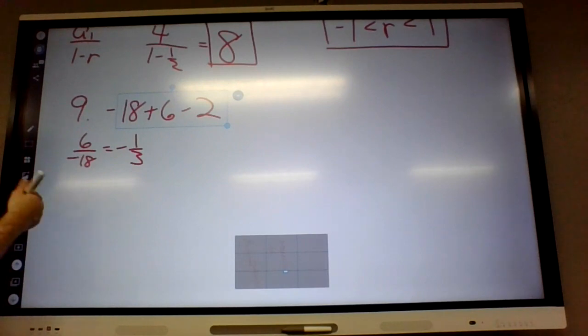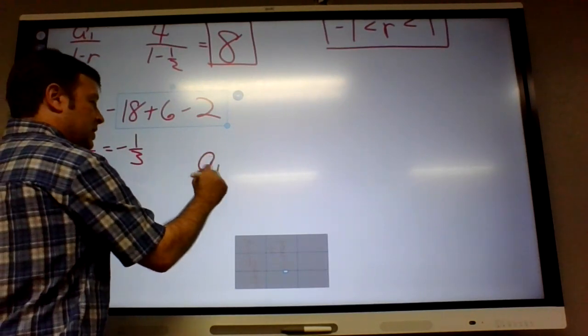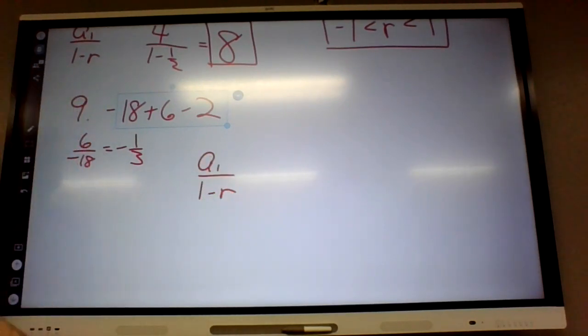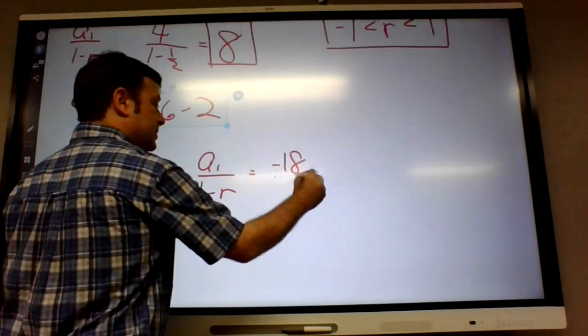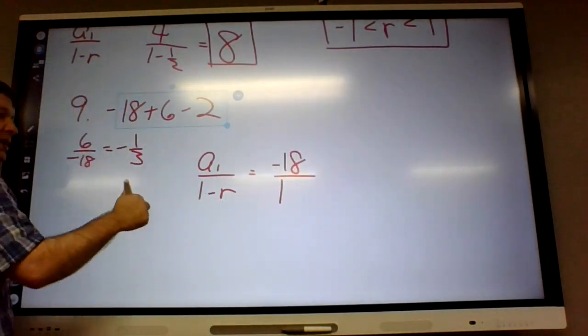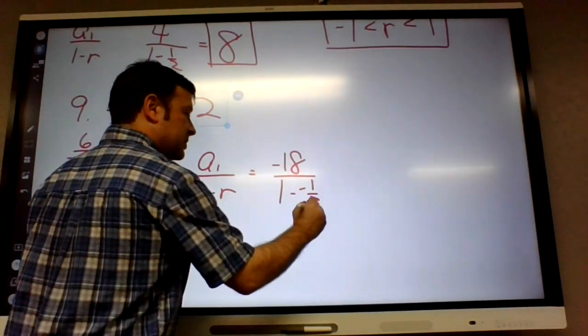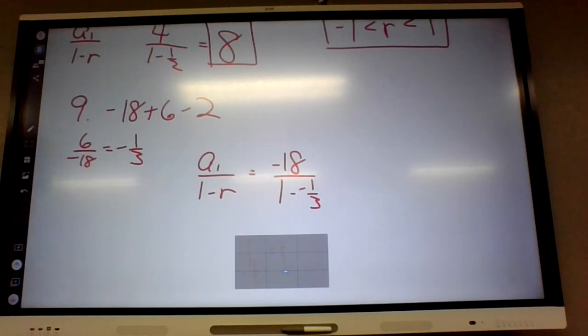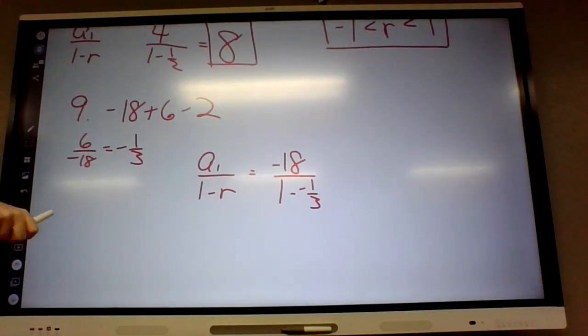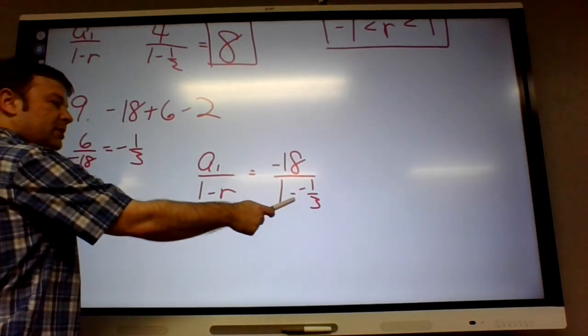So it will converge. What does it converge to? Excellent question. A sub 1, the first term, is -18. And we have to do 1 minus -1/3 for the common ratio. So make sure you're doing minus -1/3, or you could say plus 1/3 right there.